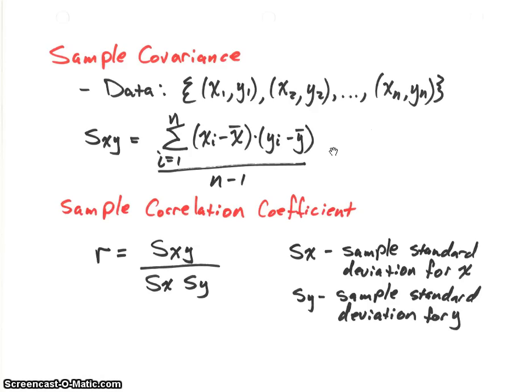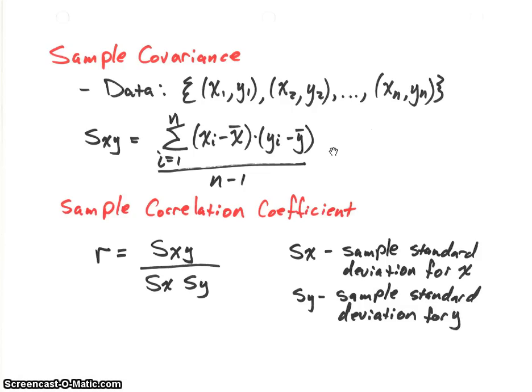The sample covariance is influenced by the size of the data. If we just multiplied our x data by a constant, then the sample covariance would increase or decrease depending on what that constant is. However, the sample correlation coefficient normalizes our sample covariance using the standard deviations of the x and y data.